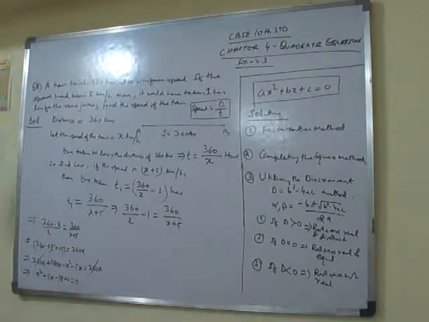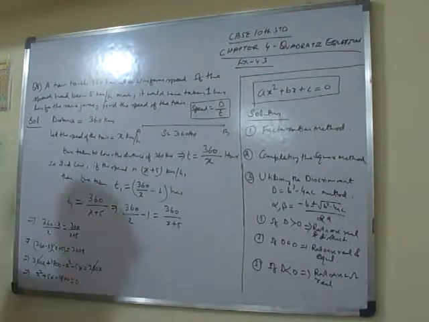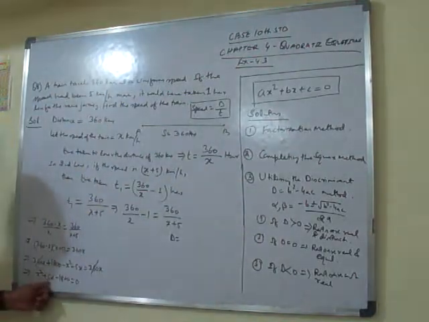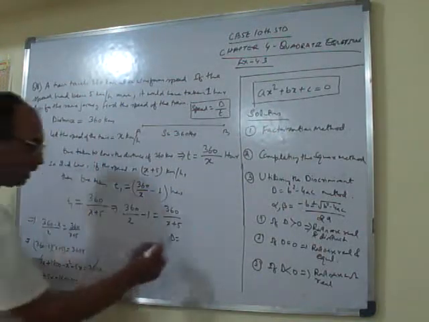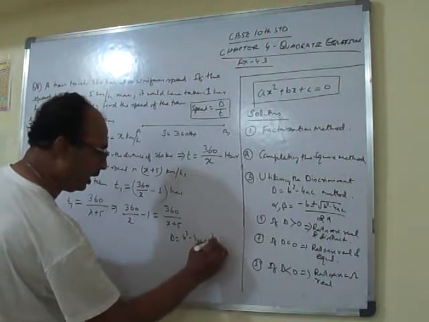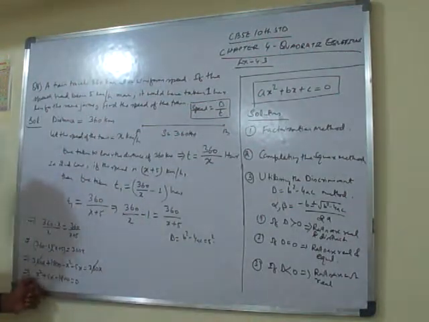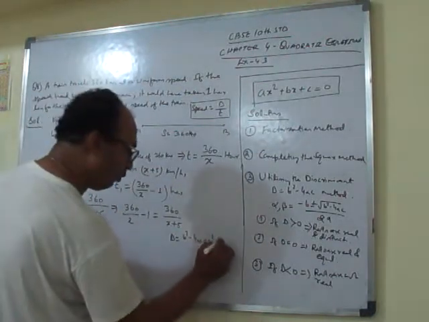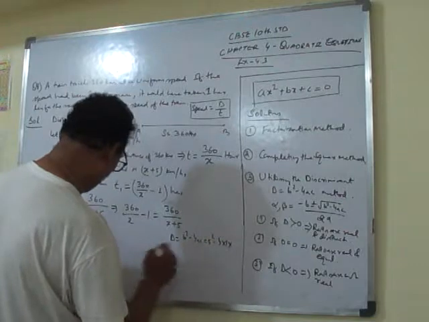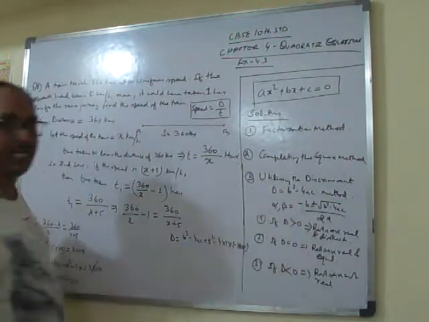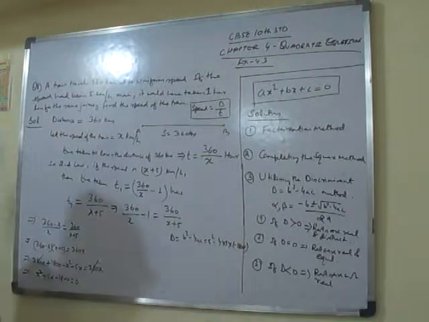Now we can utilize the formula. Let us find out D is equal to b square minus 4ac. So 5 square minus 4 into 1 into c, which is minus 1800.